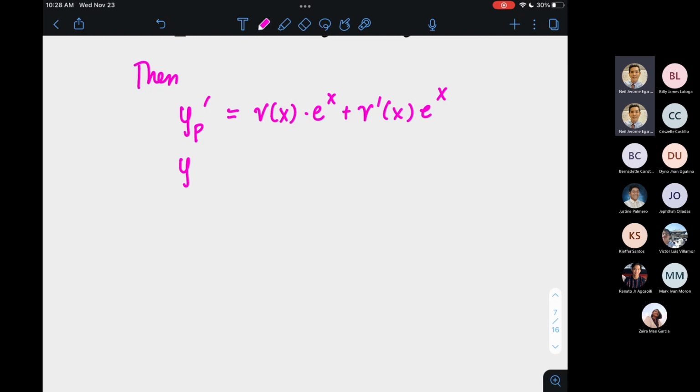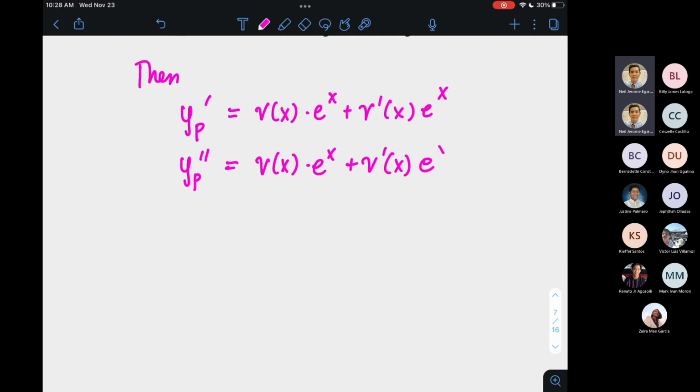Tapos kunin natin yung second derivative. Yung second derivative niya ay v of x e to the x plus v prime of x e to the x plus v prime of x e to the x plus v double prime of x e to the x.